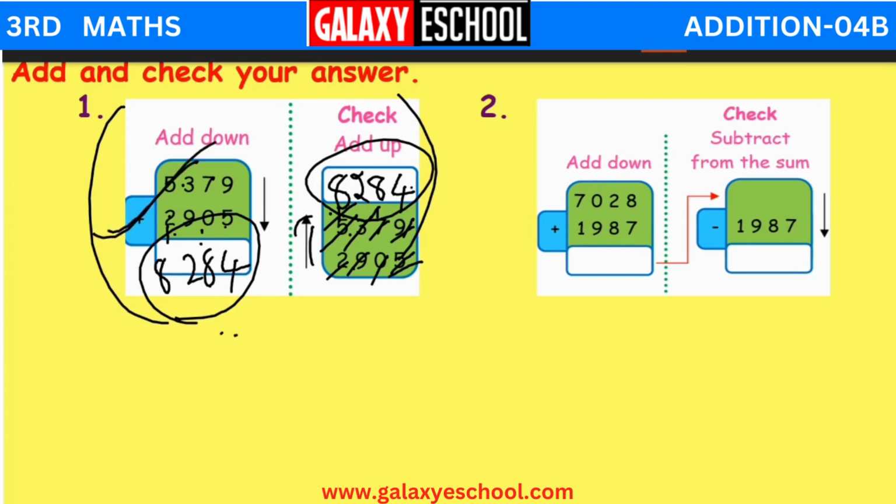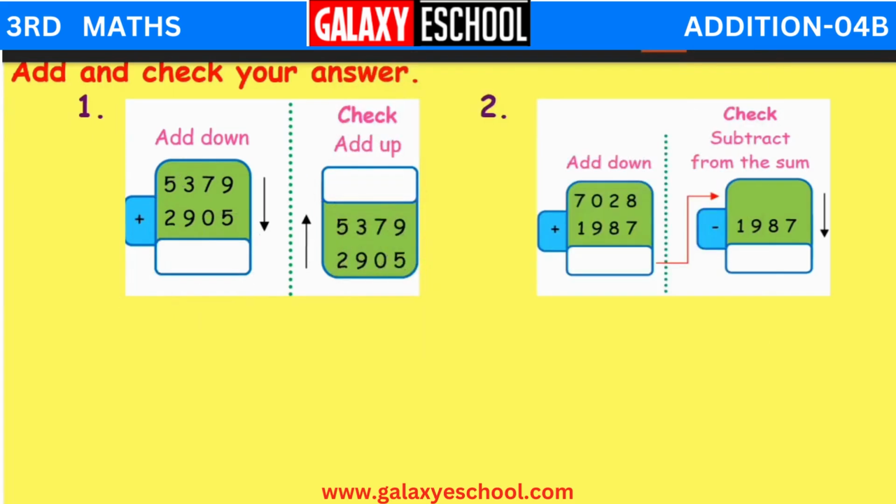Now another way of checking whether we got the correct answer or not. What should we do first? In the question we have these two numbers, so we'll add them. Okay, this is the adding part, this is the checking part. 8 plus 7 becomes 15, 1 carried, 1 plus 2 becomes 3, 3 plus 8 becomes 11.